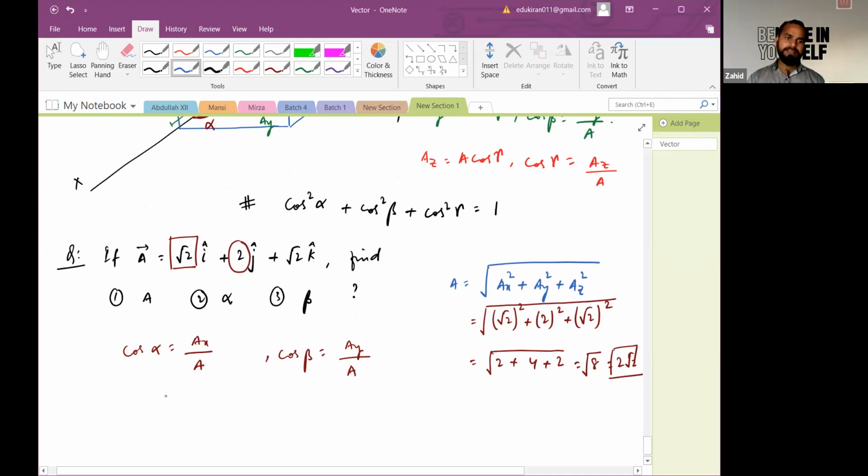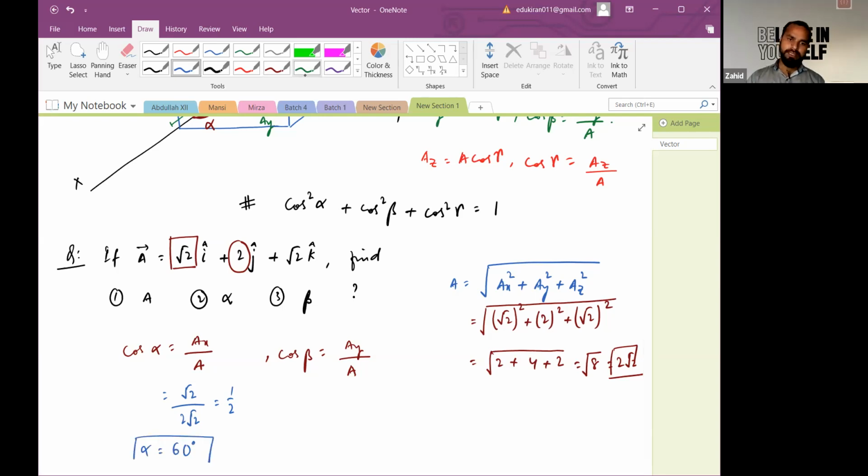If you put AX as root 2, A as 2 root 2, root 2 and root 2 will cancel out. So you will get just 1 by 2. So cos alpha is equal to 1 by 2, so alpha is equal to 60 degrees.